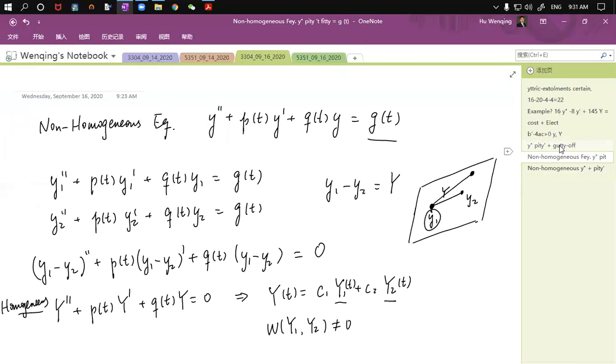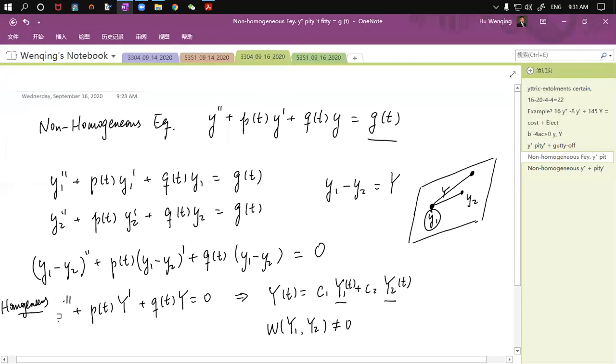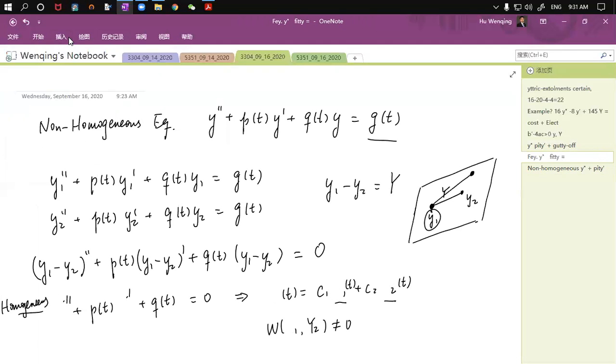Let me use better symbols for my complementary equation, just to agree with the definition of being complementary.